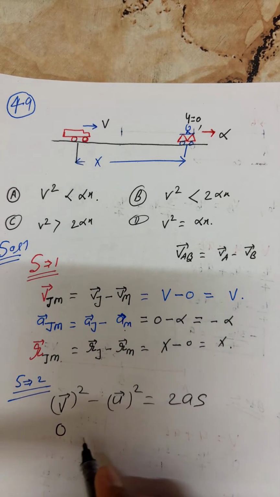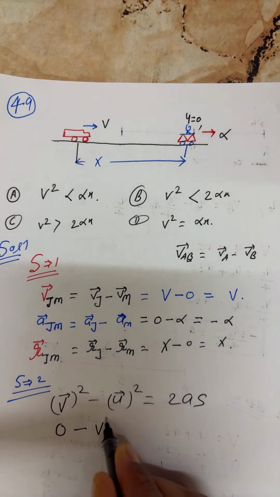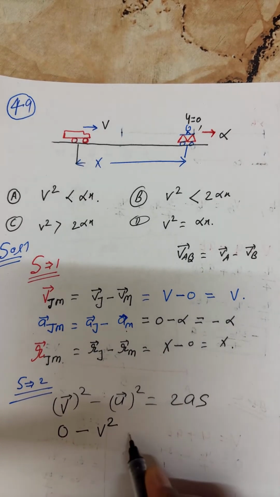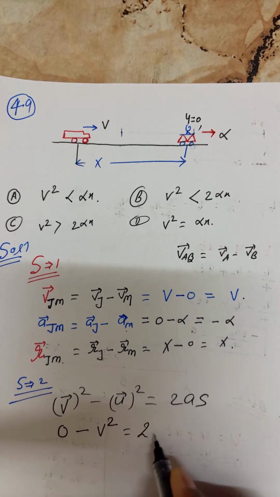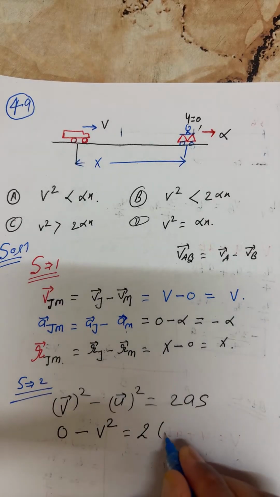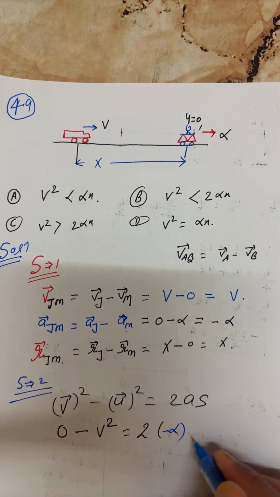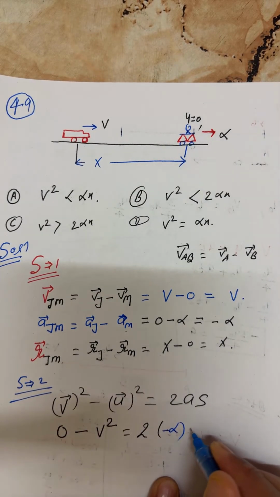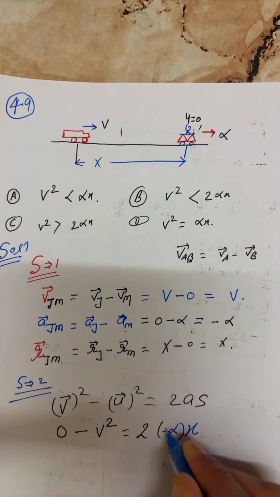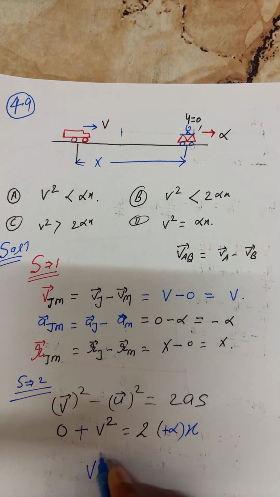What is the relative velocity here? That is v only, so this is v square. Now this is twice the relative acceleration, which equals alpha. And what is the displacement here? We found the relative position, which is x. Minus and minus cancel each other here. So you can write v square equals 2 alpha x.